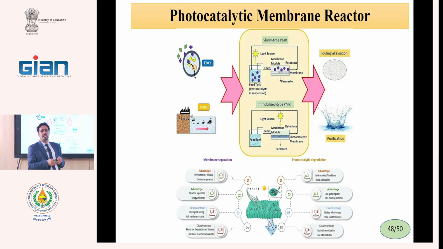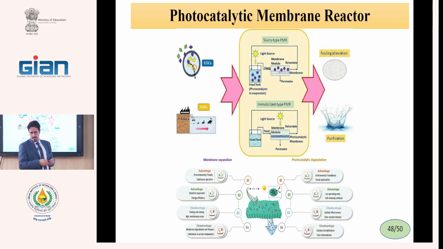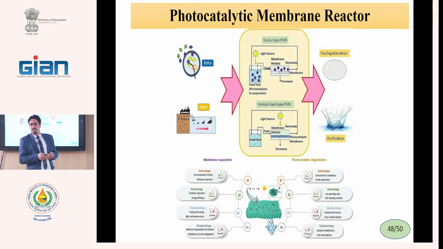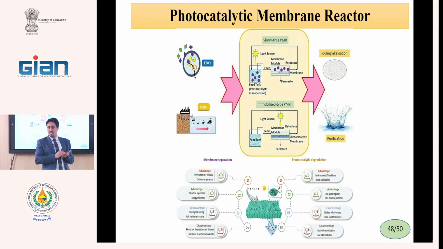Usually the membrane acts as a separator of the catalyst from the slurry solution. And in some cases, we can deposit catalyst on the surface of a membrane. But this is the most used.